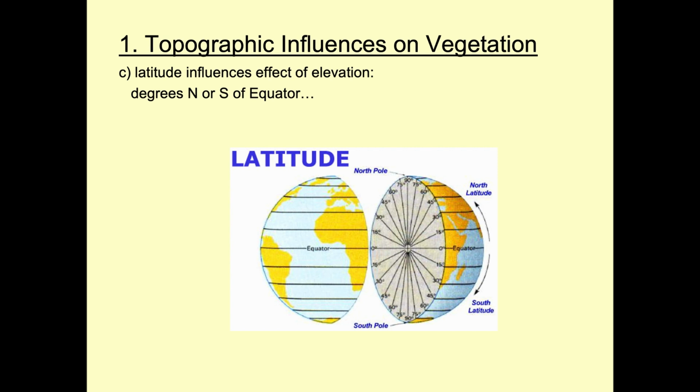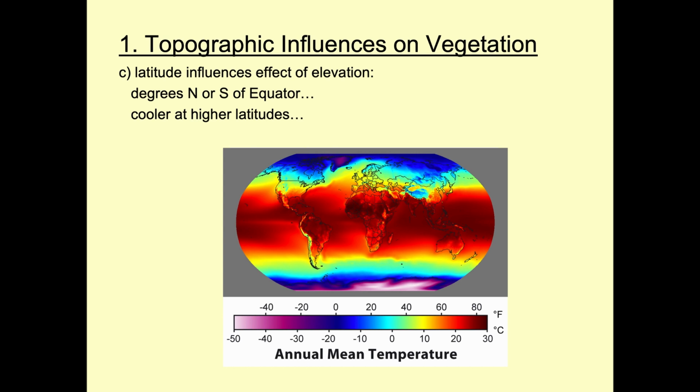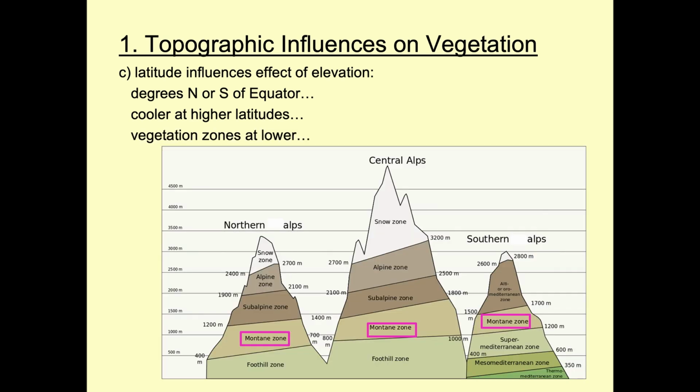But we have to take these ideas and apply that to how elevation also is at play. So we've already talked about this. We've learned about why temperatures are cooler at higher latitudes. Here is an annual mean temperature map of that.